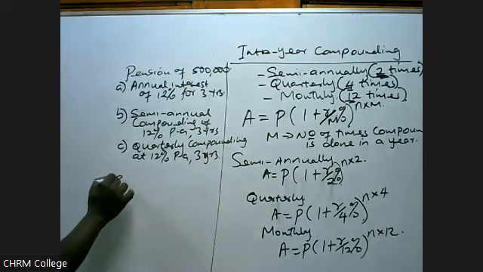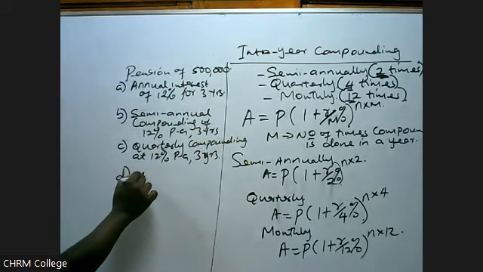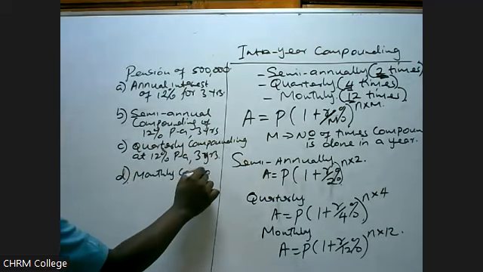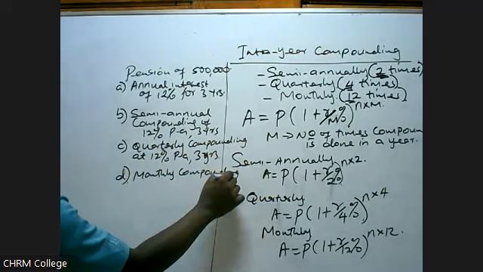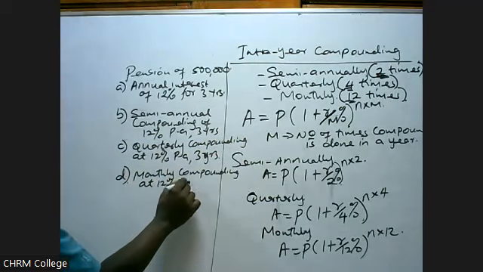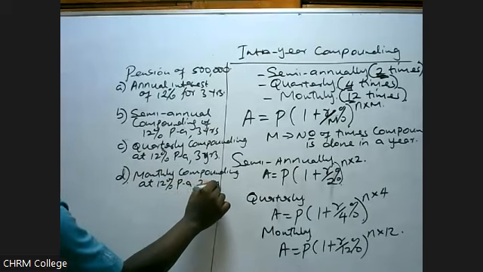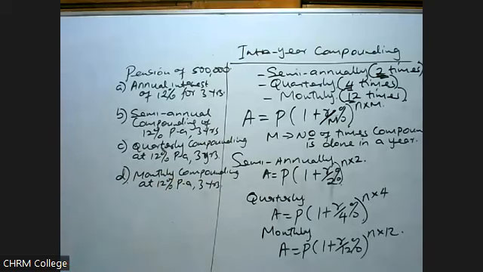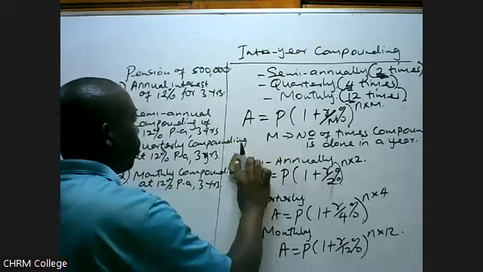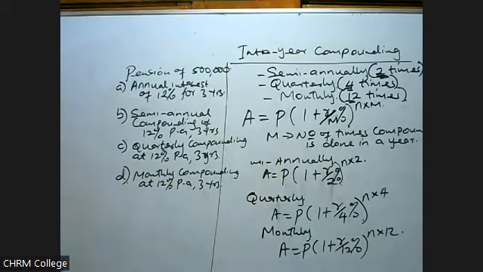And lastly, D, monthly compounding at 12% per annum, 3 years. Then you are told to determine the amount that will be received under each of those schemes.